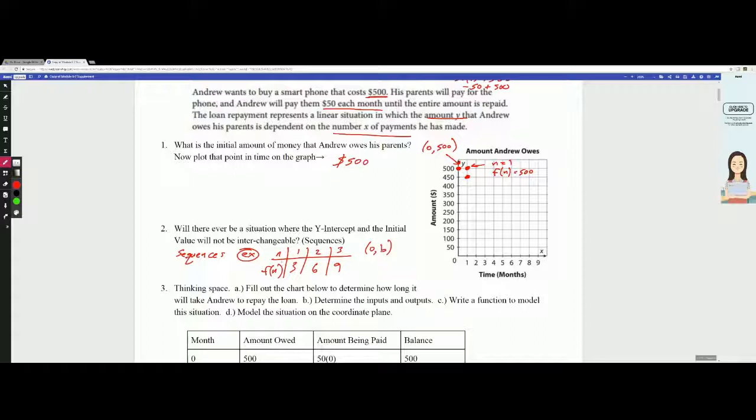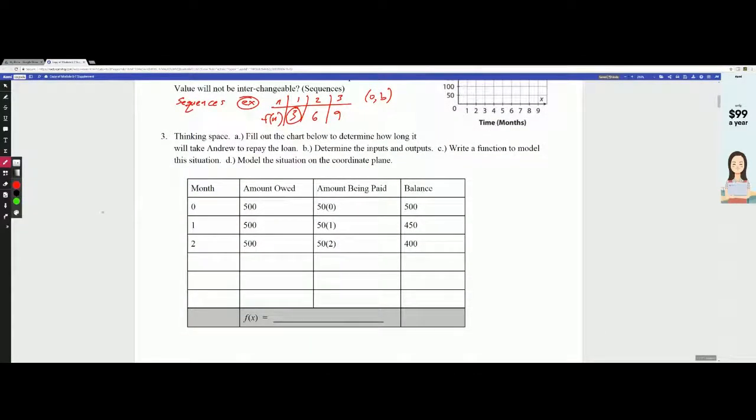You don't have a y-intercept. You do have an initial value of 3, but that's not your y-intercept. So there's times when your initial value and your y-intercept are not the same thing. So be careful with that impression that you're always talking about your y-intercept, because we might not. Depends on the situation.